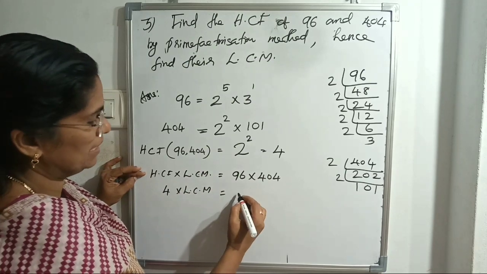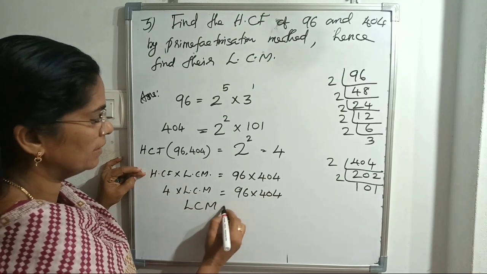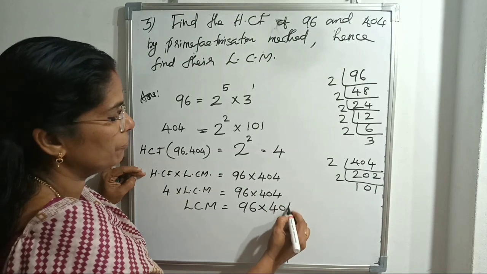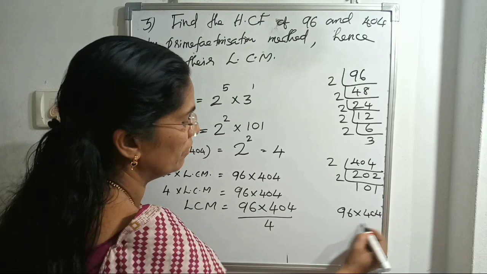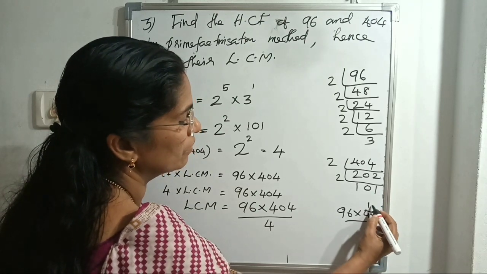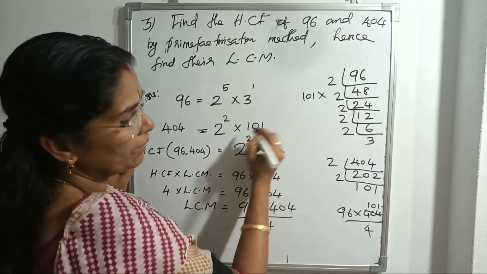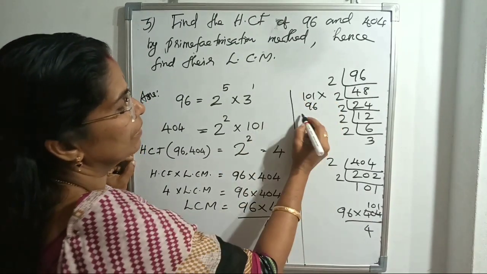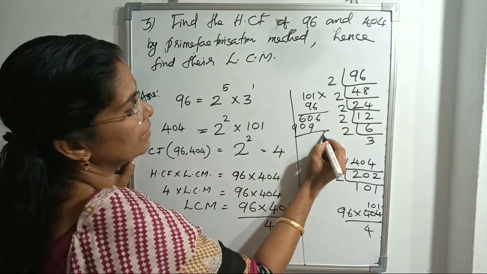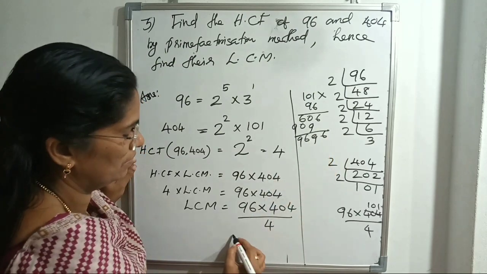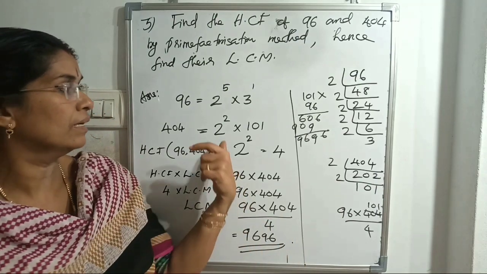So LCM we can write as 96 into 404 divided by 4. So cancellation, this 4 and this 404 cancel. We will get 101. So 101 multiply with 96: 606, again 909. Answer is 9696. So for LCM we are applying this formula.